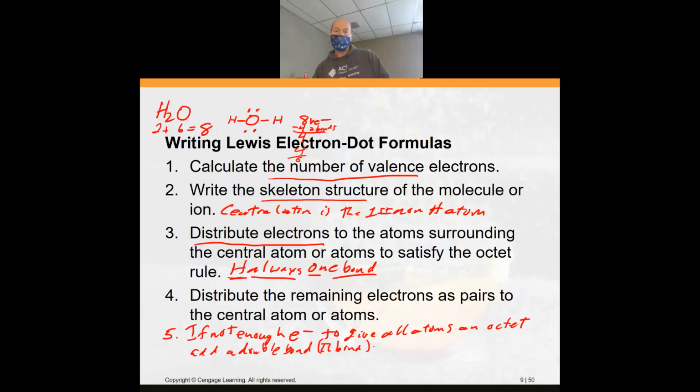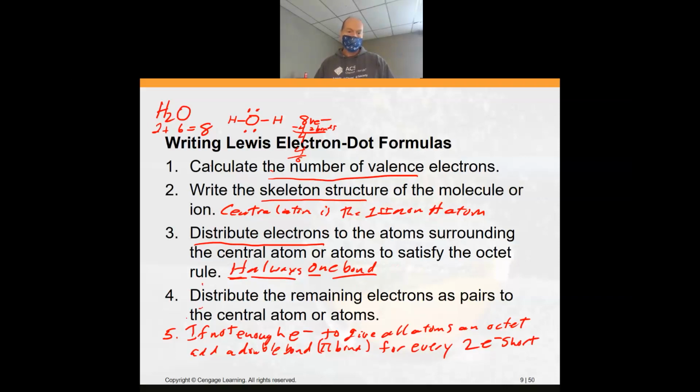You're going to add a pi bond for every 2 electrons short. So if you needed 16 and you only had 14, you add 1 bond. If you needed 18 and you only had 14, then you would have to add 2 bonds. For every 2 electrons short, you have to add a pi bond.